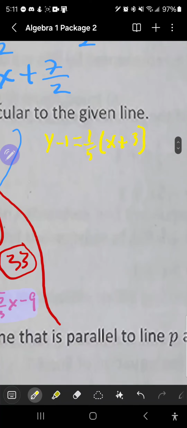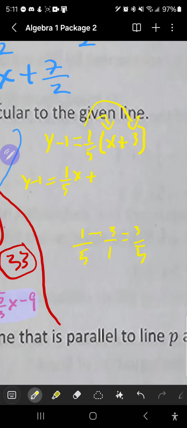If we need to solve it, we get that y minus 1 equals, we multiply these terms and we get 1 over 5x plus 1 over 5 times 3, which is the same as 1 over 5 times 3 over 1. So we multiply both the numerators, 3 times 1 is 3, and the denominators, 5 times 1 is 5.